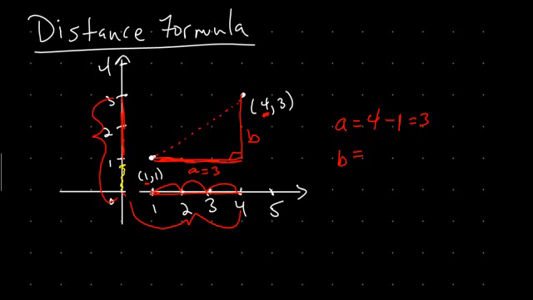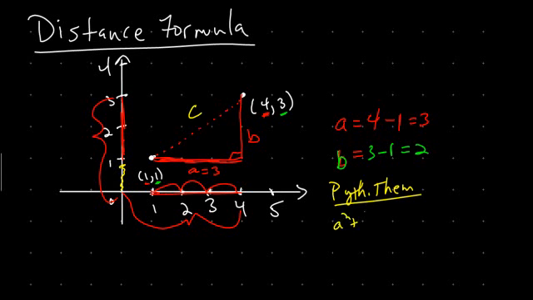So 3 minus 1 equals 2. Okay? So what we want to find is this third side, C. So we know from the Pythagorean theorem that a squared plus b squared equals c squared.